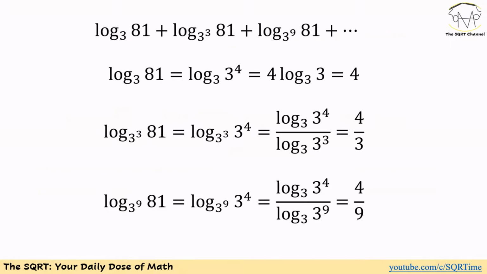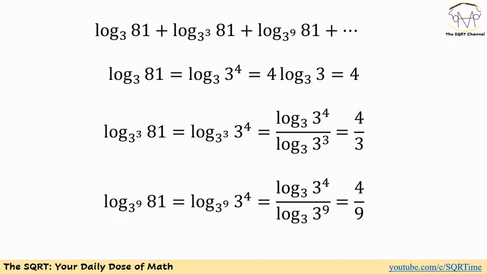To solve this problem, let's start with what we have on the right hand side. We have log of 81 in base 3, we have log of 81 in base 3 to the power of 3, we have log of 81 in base 3 to the power of 9, and so on so forth.